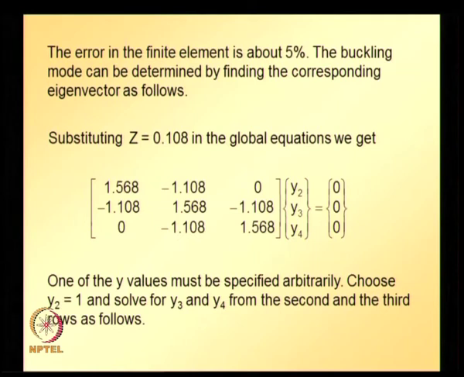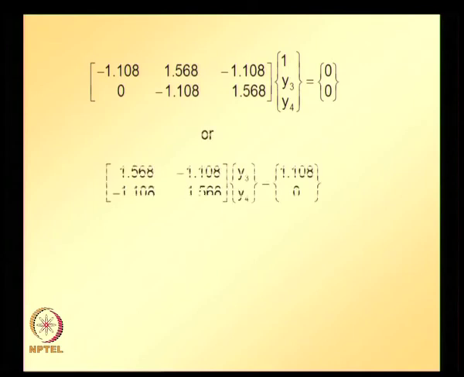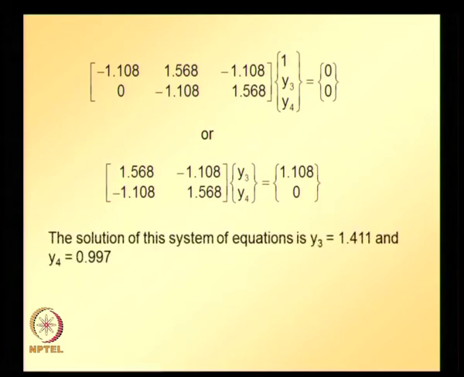So, we choose y2 equal to 1 and solve for y3 and y4 from the second and third rows. By removing the first equation, we can use the other two equations to solve for y3 and y4. The solution of this system of equations is y3 equal to this and y4 equal to this.